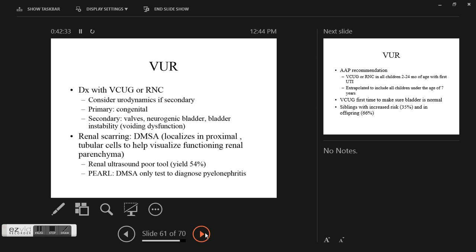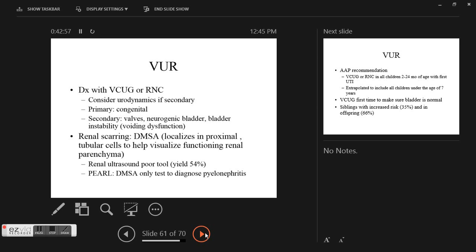So if you have a neurogenic bladder, you're going to be able to diagnose it on a fluoroscopic VCUG. And with reflux, remember in utero, if the baby's been refluxing, then their bladder could be abnormal too, right? If it's high grade. So if they've got a neurogenic bladder, you'll actually see that in that first VCUG. So that's why you do it that way.